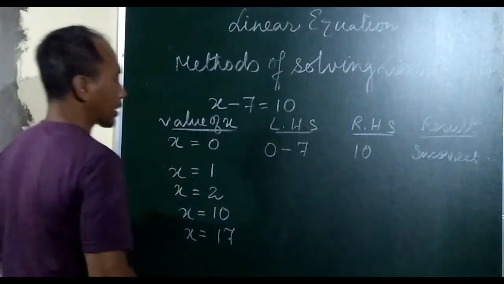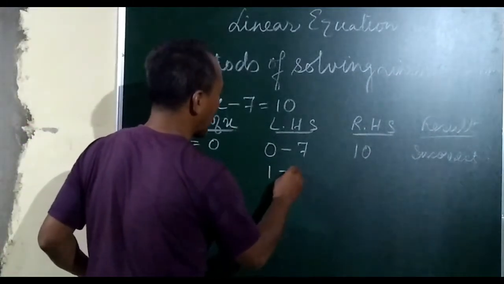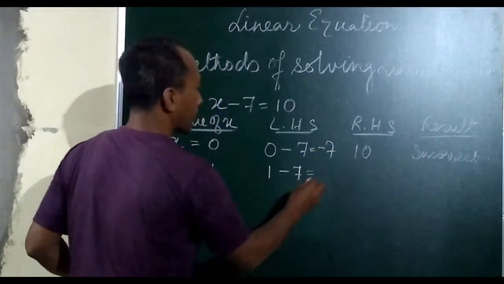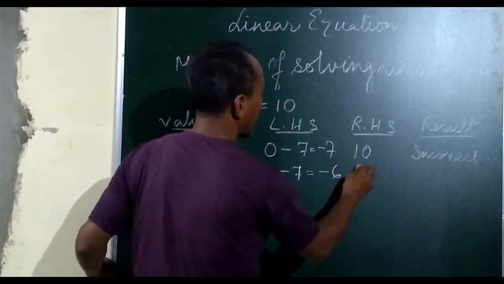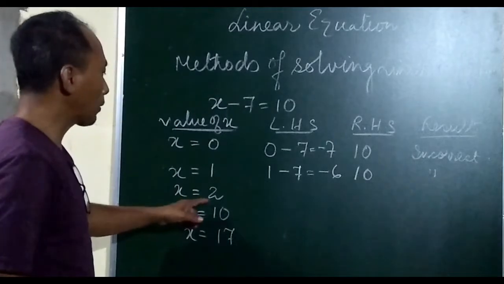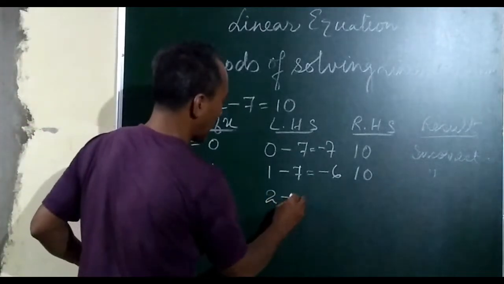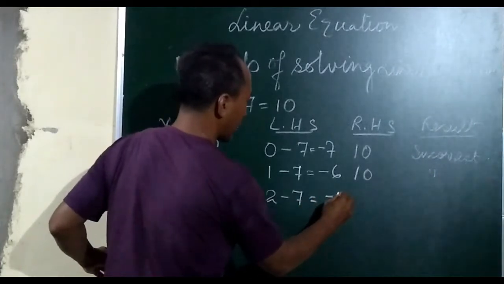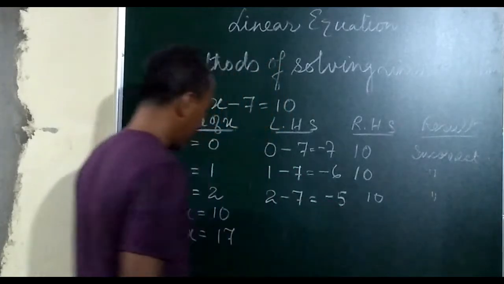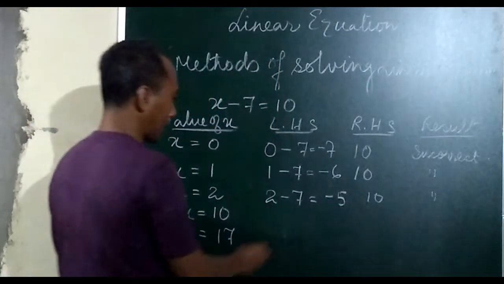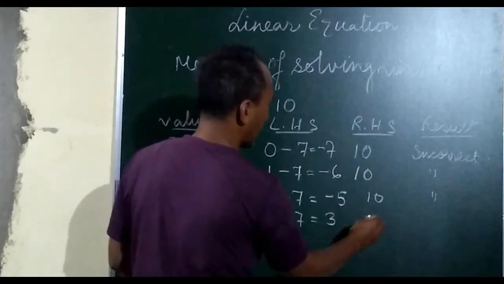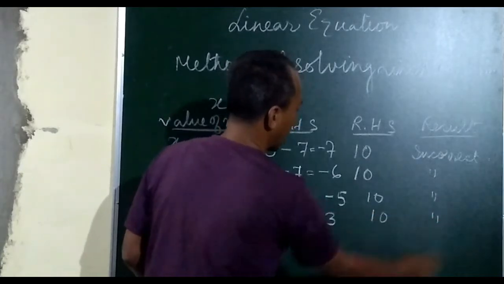Now x is 1: 1 minus 7 is minus 6, right hand side is 10, so it is incorrect. If we take x as 2, 2 minus 7 is minus 5, also incorrect. If we take x as 10, 10 minus 7 equals 3, and the right hand side is 10. It is also incorrect.